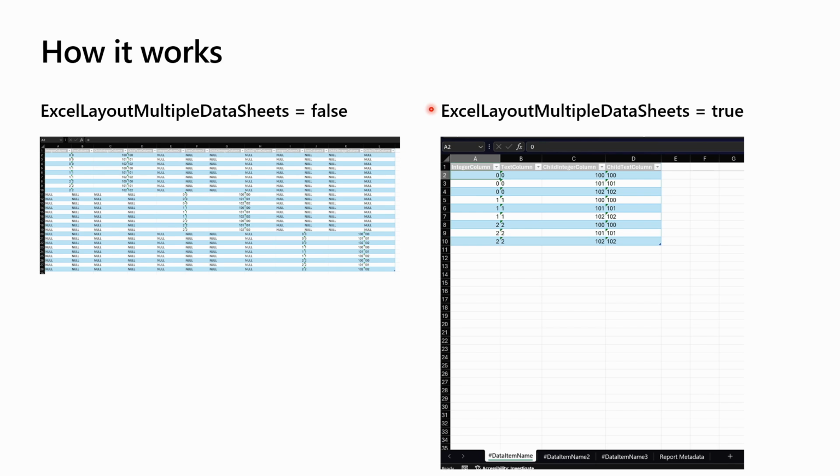And if you set that to true, you go from a model where you have one worksheet with all these areas of nulls, and each of these columns would be a different data item, whereas in the new model, you just have one data tab or worksheet for each data item.